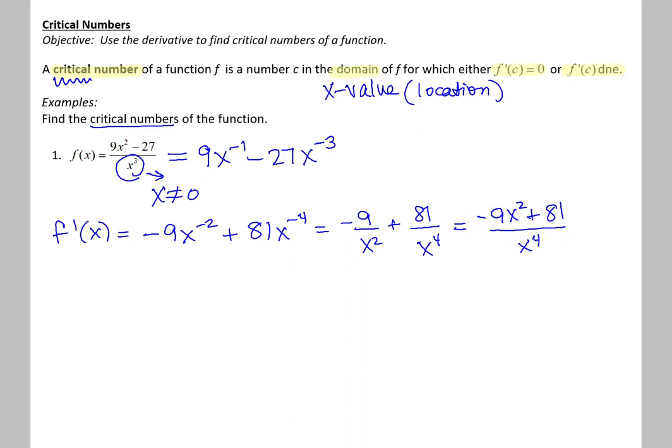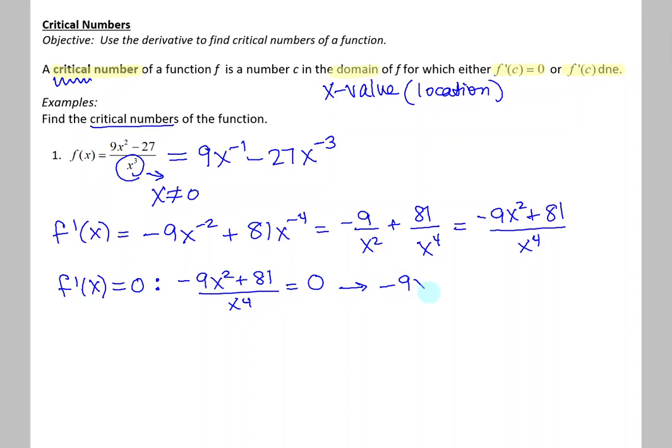Now I remember that my critical numbers are where the derivative equals 0 or where the derivative doesn't exist. Let's start with where the derivative, f prime of x, equals 0. So I take my derivative, negative 9x squared plus 81 over x to the 4th, and set it equal to 0. Now, this is going to equal 0 when the numerator is 0. Or I could think: multiply both sides by x to the 4th.